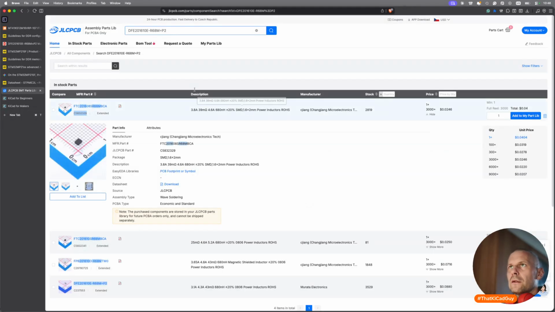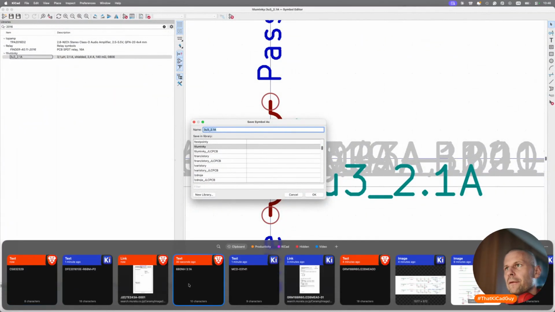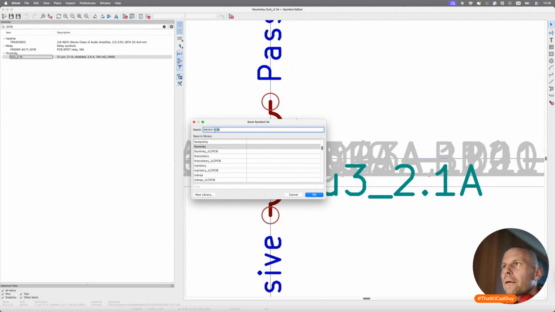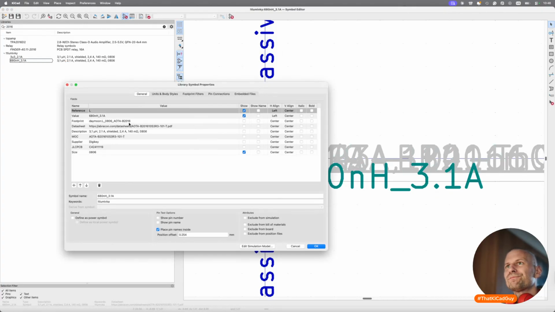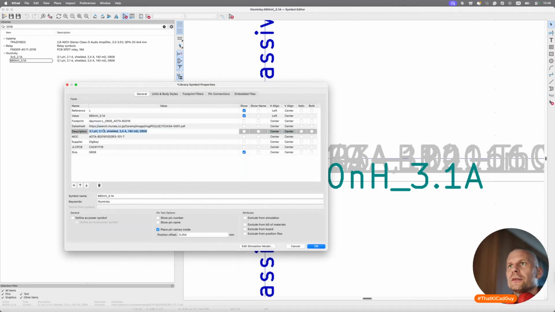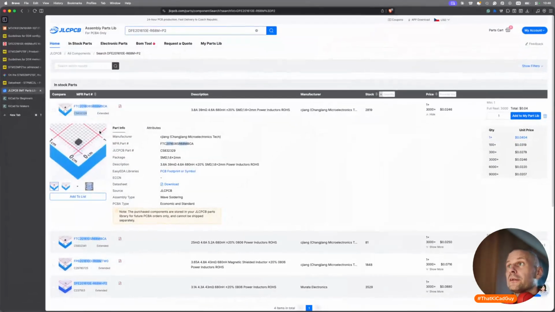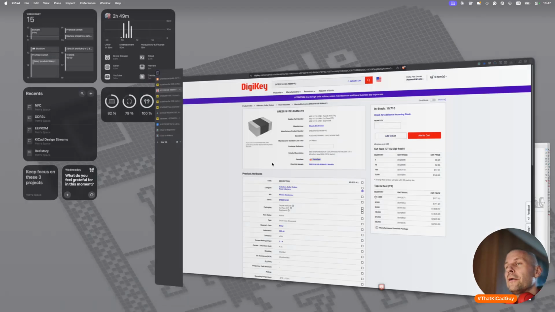So we said this will be the value or name of the symbol. Datasheet 3.1, but 680 nano. It's non-shielded. It's shielded. Okay, it's shielded.